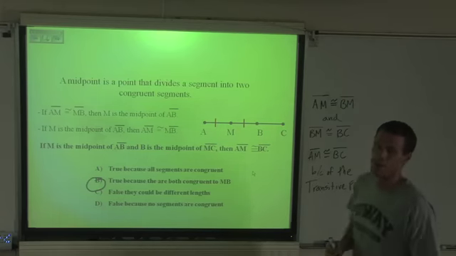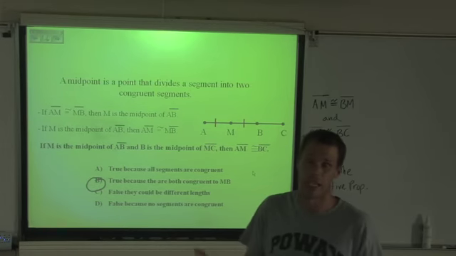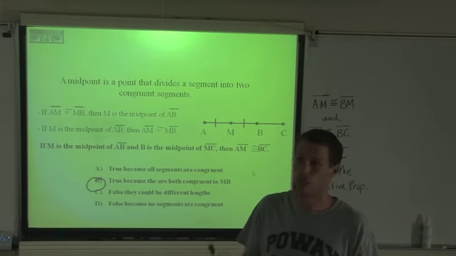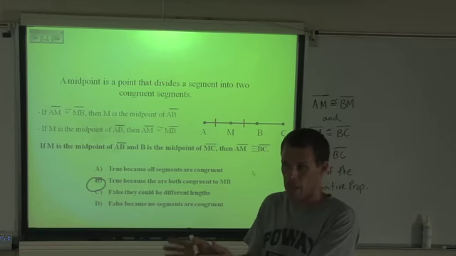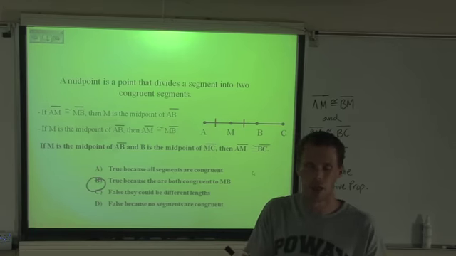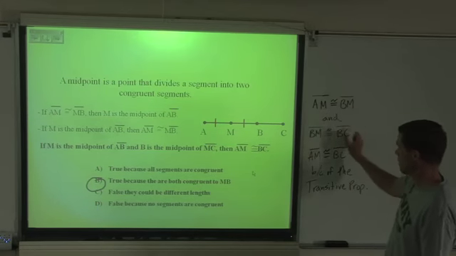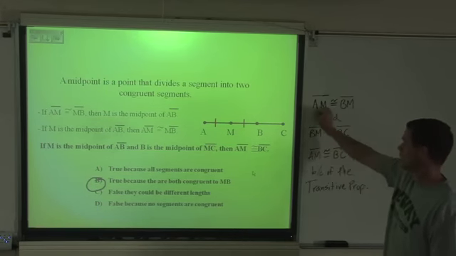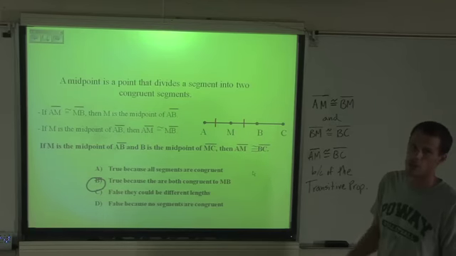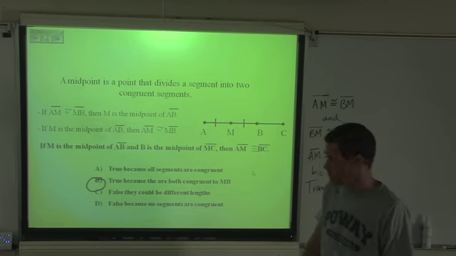And the transitive property of mathematics tells us that if two things are congruent to or equal to the same thing, then they must be congruent or equal to each other. AM is congruent to BM, BC is congruent to BM, so therefore these two must be congruent to each other.